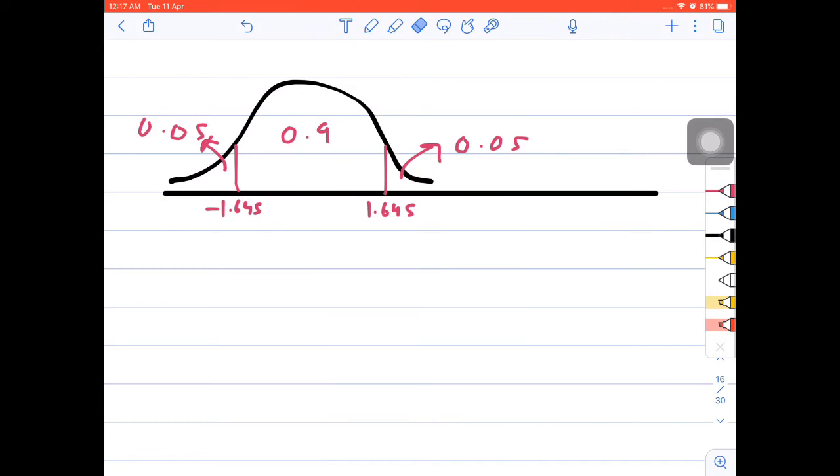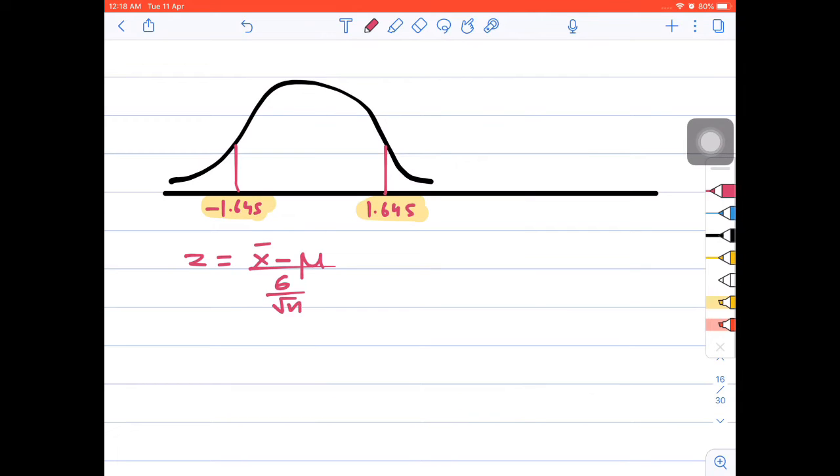Now over here, the mean that we'd use was 2.0. Now what we need to do is find these values 1.645 and negative 1.645, which are values of z. What we need are the values of x bar so that we can compare that with the new mean. So we'll use this formula z equals x bar minus mu upon sigma upon root n with both negative 1.645 and positive 1.645.